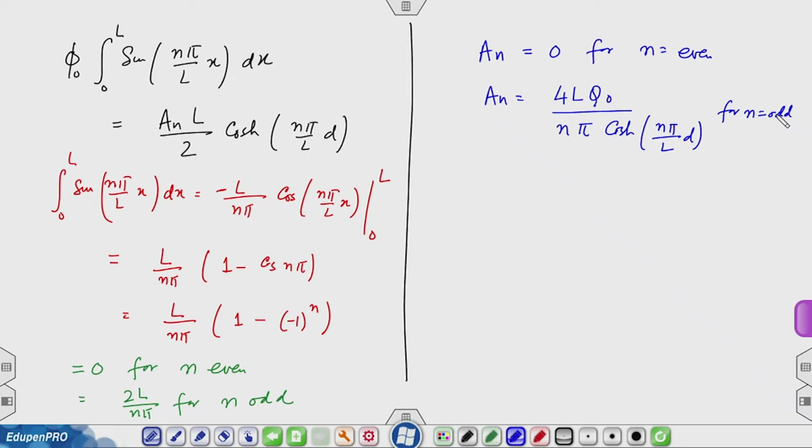The solution is going to be V x z equals summation. I will put odd n's directly.